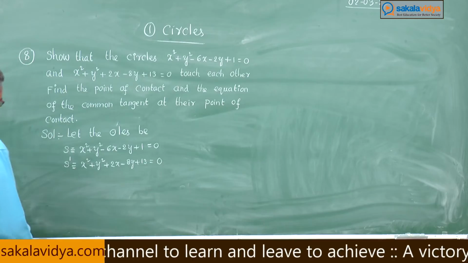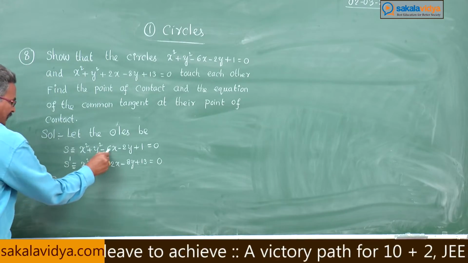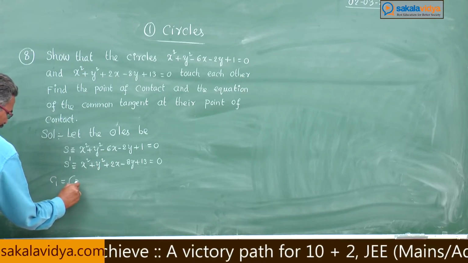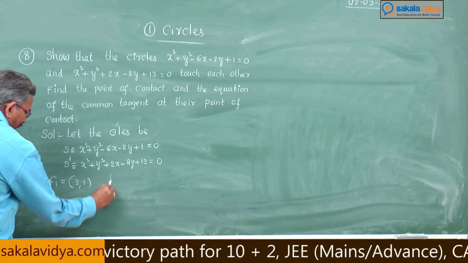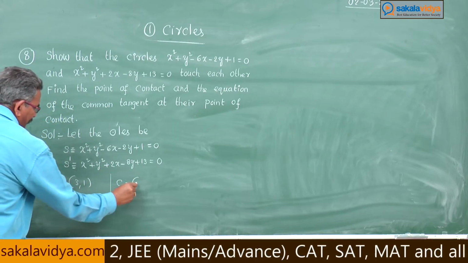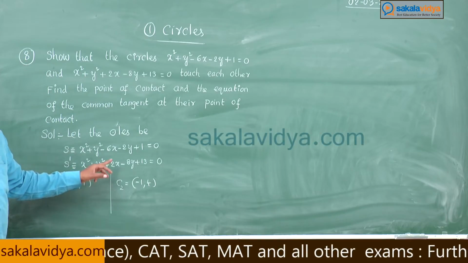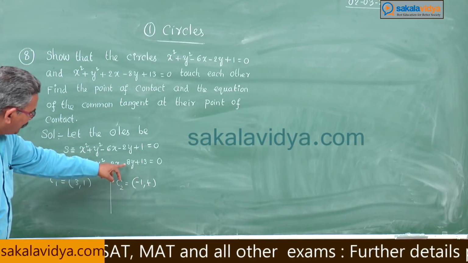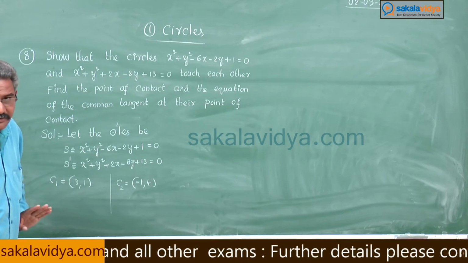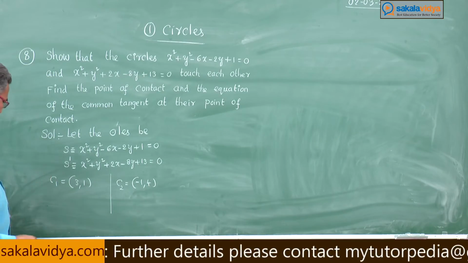So, directly write the center of the first circle is minus g comma minus f, that is half of this one, 3 comma 1. Center of the second circle C2 is equal to, say, this is minus 1 comma 4, half of this one is 1 and minus g is minus 1, half of this one is minus 4, minus of minus 4 is plus 4. You will get practice by doing several problems.